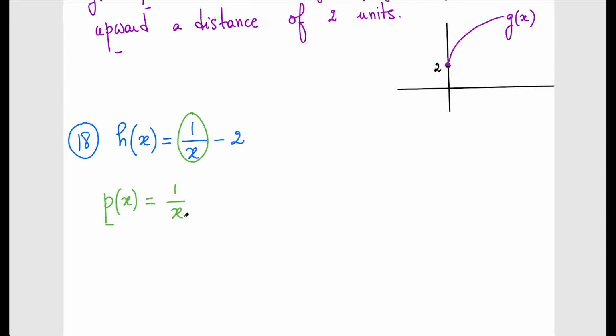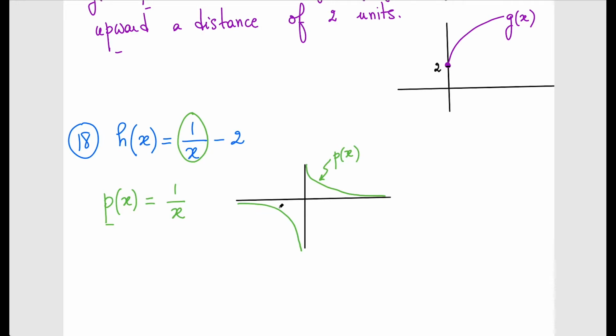Okay, so it's 1 over x, and the graph of this is what we just saw on the previous page. So it's going to be something like this, right? Let's try it again. So something like this. So that's the function p of x.